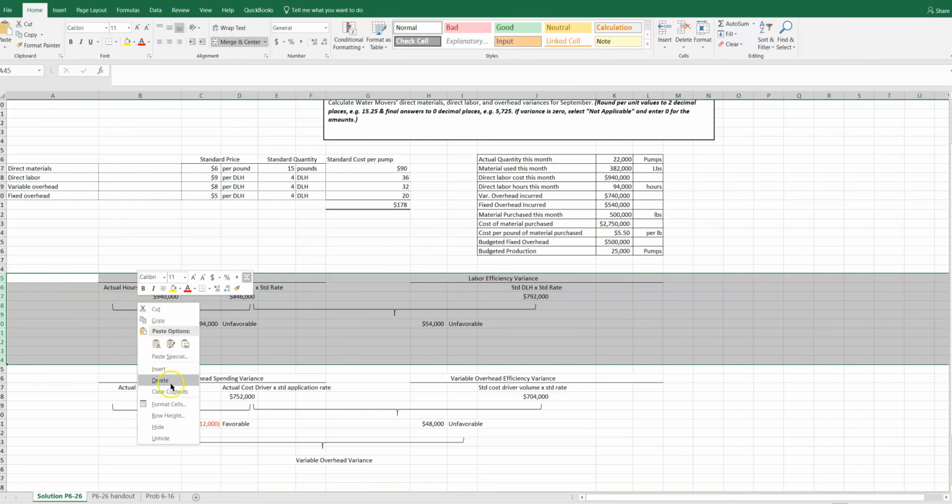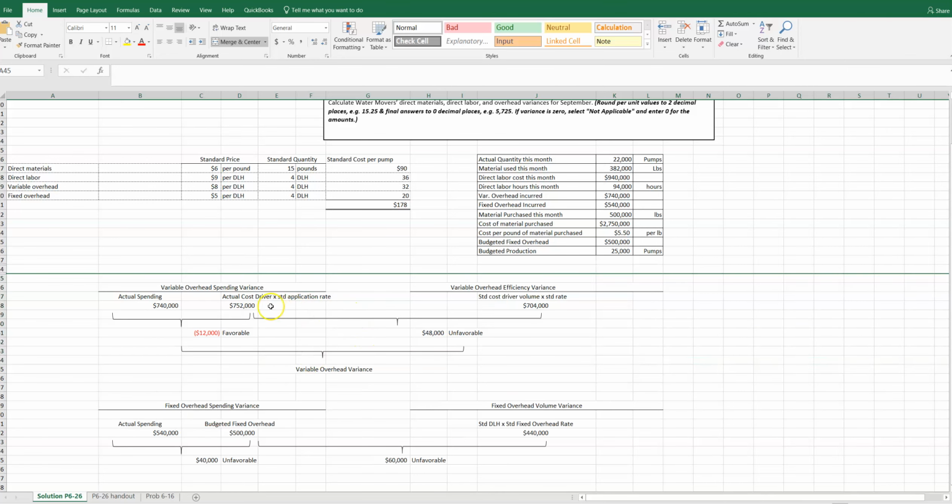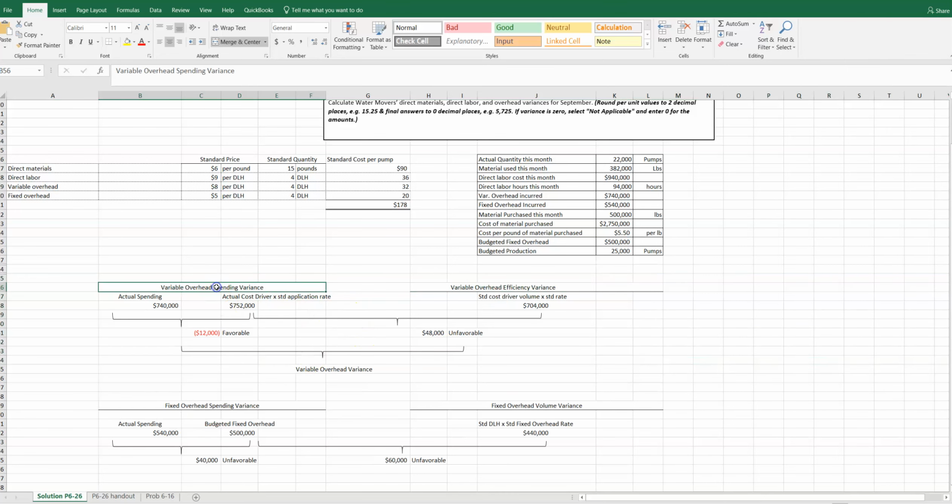We're going to go to the overhead variances now. The variable overhead spending variance, we take our actual spending, which you would think of as the actual rate times the direct labor hours, but that's not the way it works. We kind of just have to know actual spending on this one. We can't figure it out from something else, as far as I know. So actual spending is just what they gave us, $740,000.